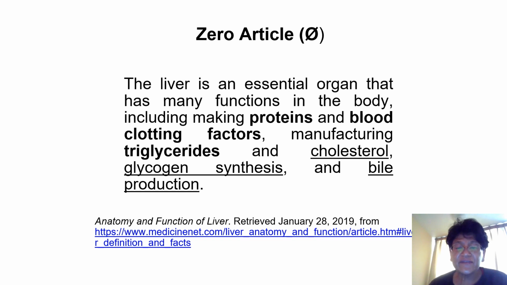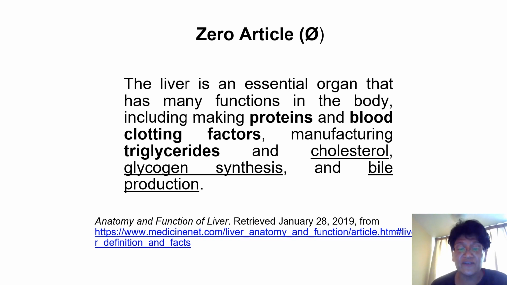The plural count nouns in bold, proteins, blood clotting factors, and triglycerides refer to all proteins or proteins in general, to all blood clotting factors or blood clotting factors in general, and all triglycerides or triglycerides in general.